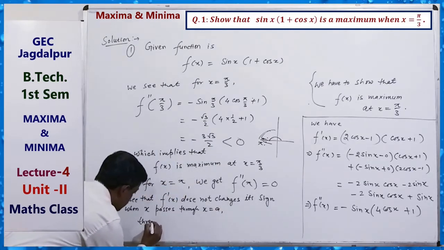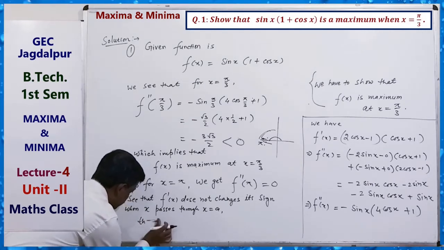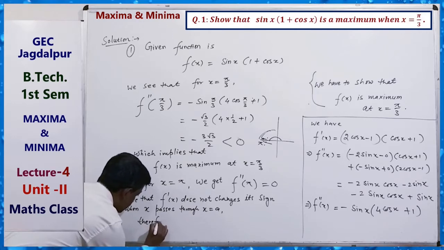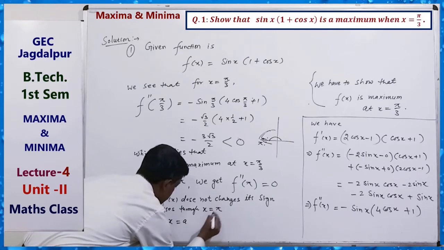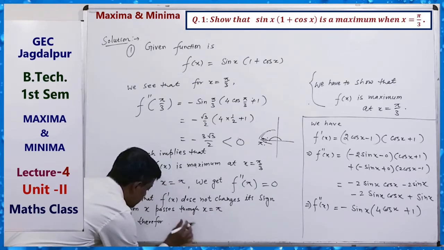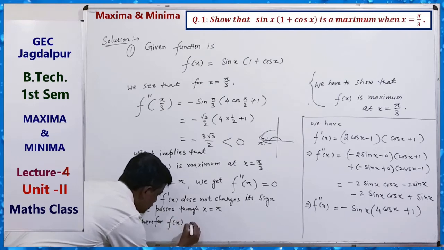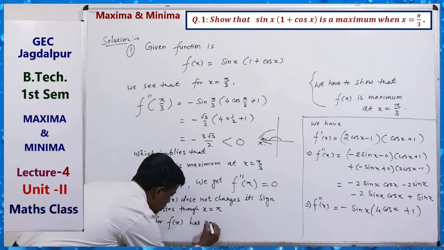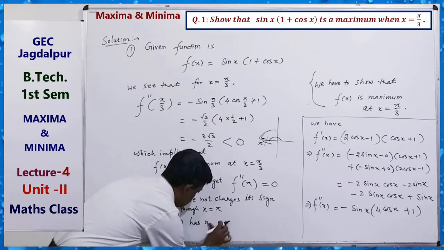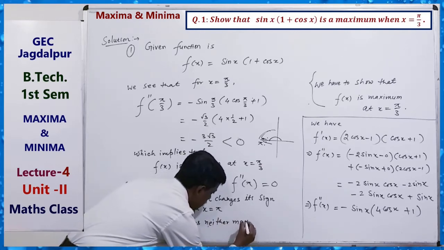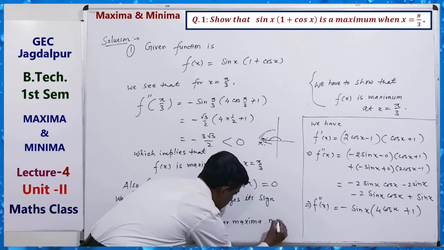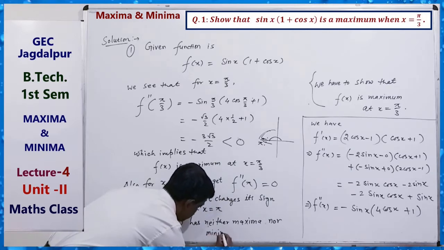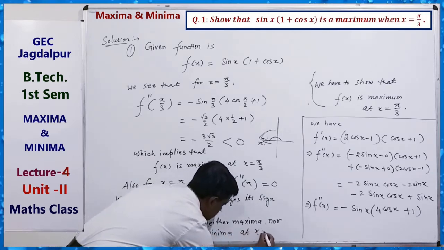Therefore, a means not a, pi. Therefore, f(x) has neither maxima nor minima at x equals pi.